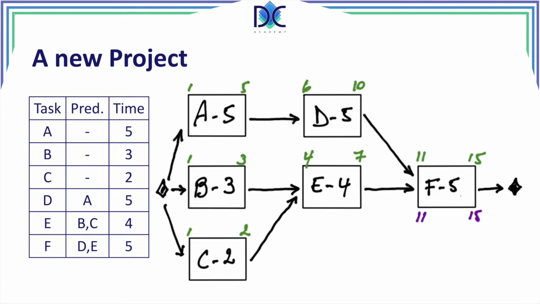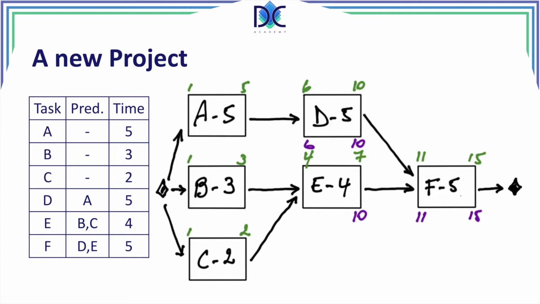And based on this, we can calculate the late finish of D and E, which is equal to the late start of F minus 1, which is equal to 10 for both activities. Now, the next thing is the calculation of the late start of D, which is 10 minus 5 plus 1, which is equal to 6.